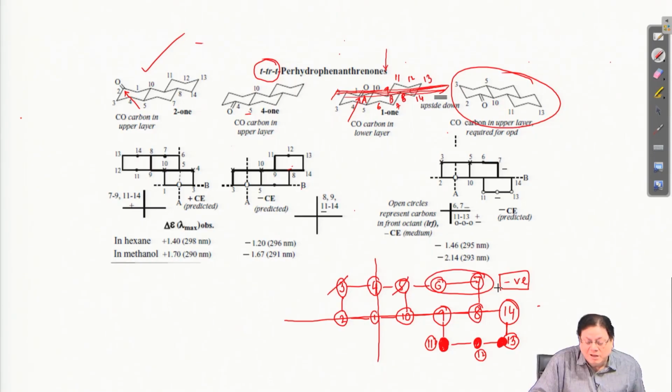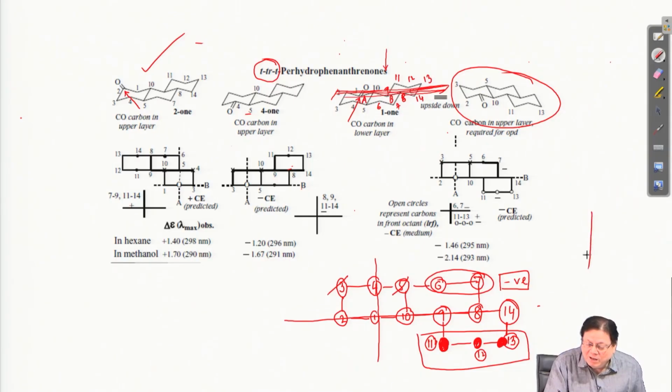Now, what about this one, which is occupying the lower right of the front octant? Remember, in the rear octant this is minus, that is plus, this is minus, that is plus, and in the front octant it will be just the opposite: minus, plus, minus.